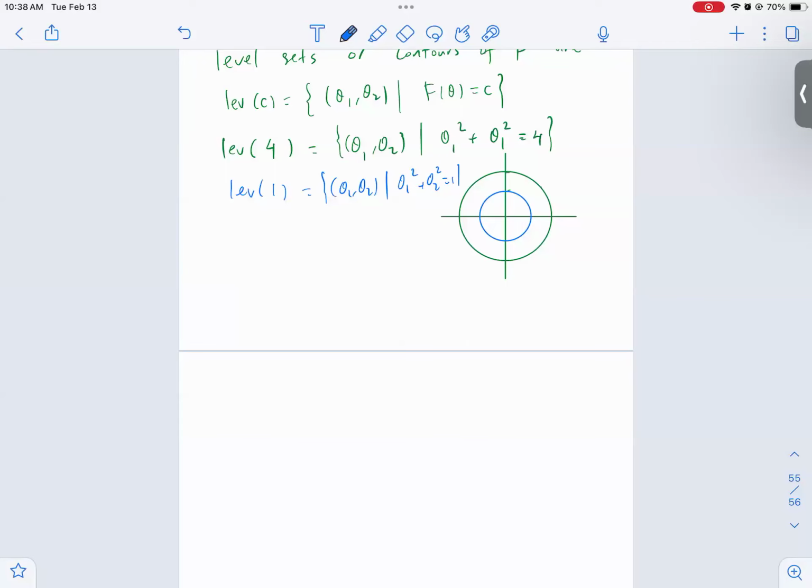And then the gradient will be orthogonal to these levels. It's not hard to see in this case. How can we prove that the gradient is orthogonal to the level sets?